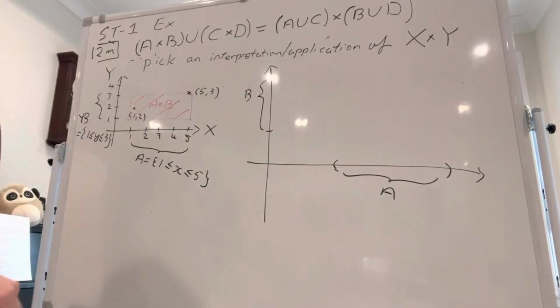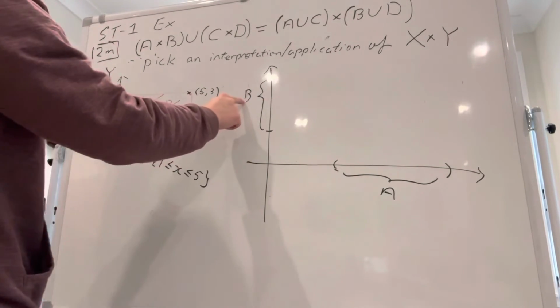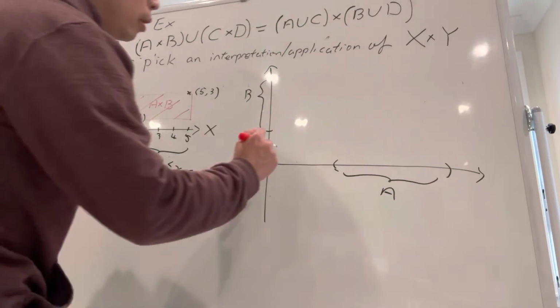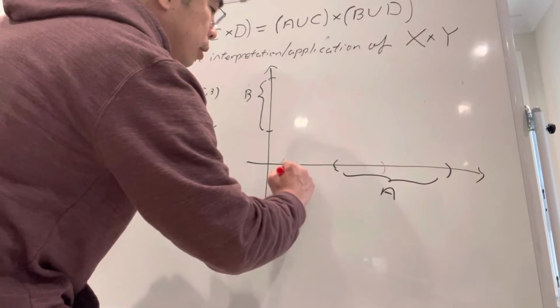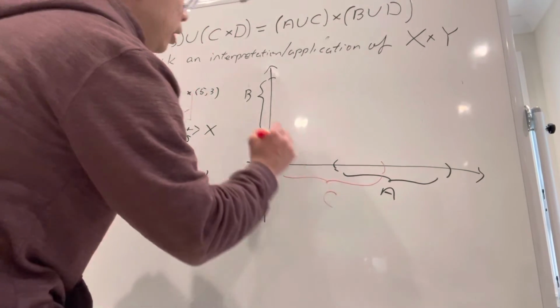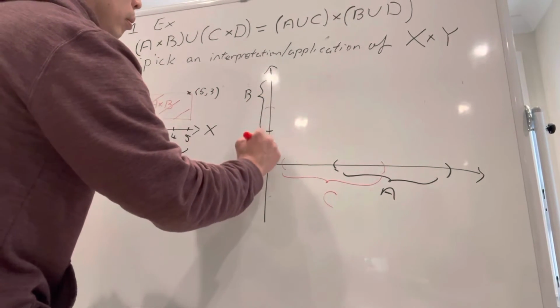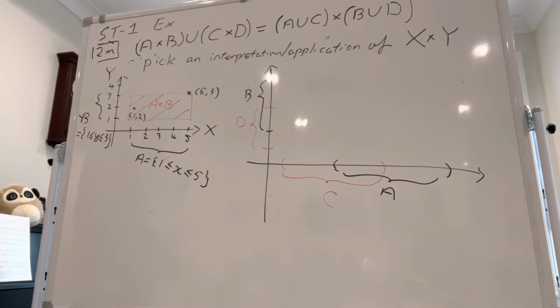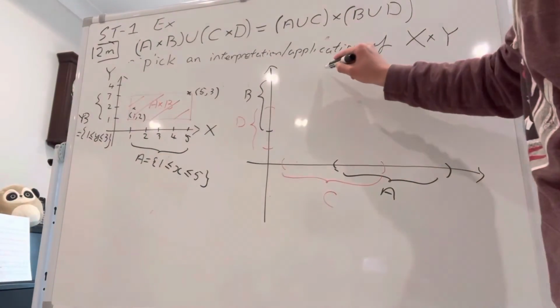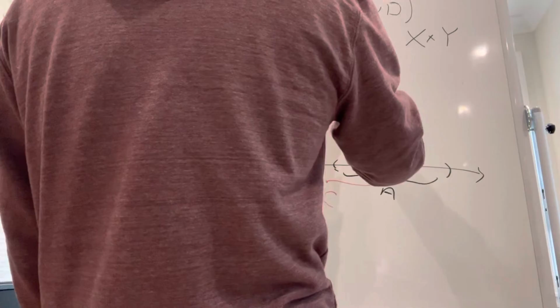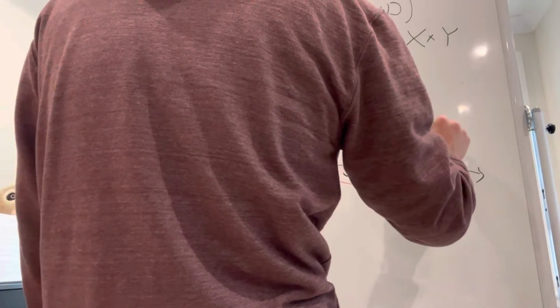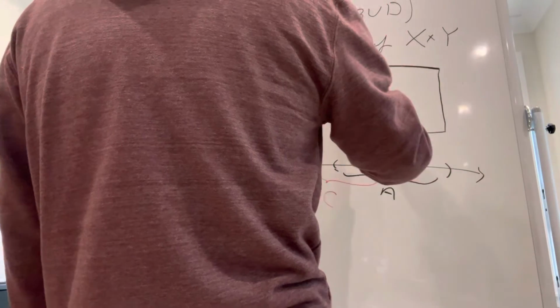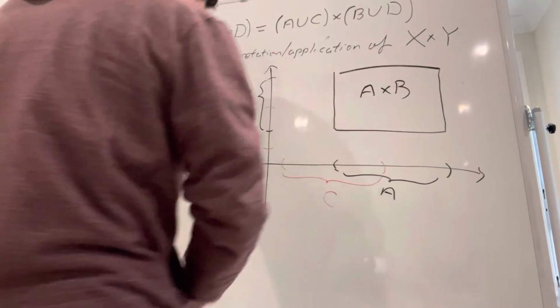If I call this A, this is B, and then I also say, let's say this as C, this as D, then let's use this diagram to say A cross B is now basically this rectangle.